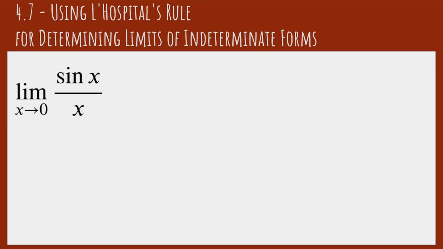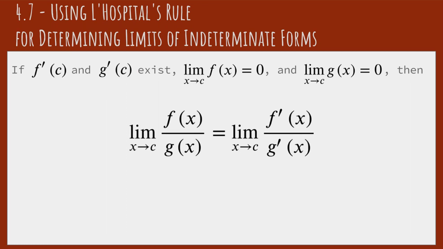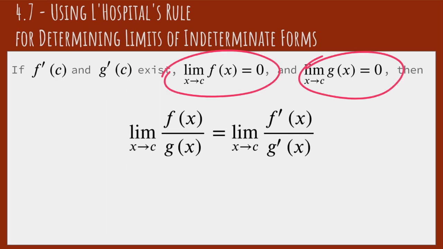So to look at how we would use this, let's look at a limit that we've done before. And it's pretty easy to see that sine of x as x approaches 0 is approaching 0, and x as x approaches 0 is obviously approaching 0. So we have that indeterminate form 0 over 0. So first thing we want to do is make sure that L'Hopital's rule is actually going to work. If we go back and look at this definition here, it only works if these limits are both equal to 0.